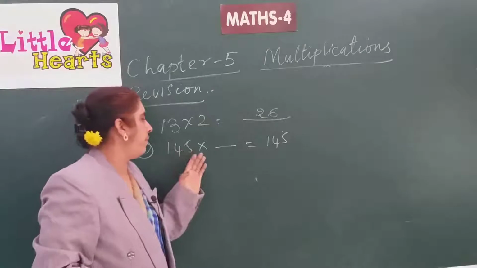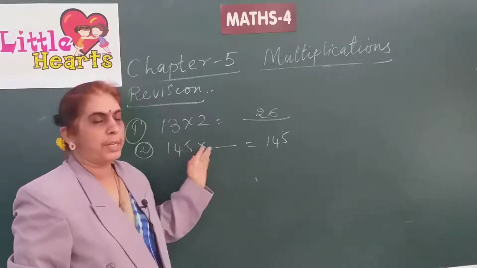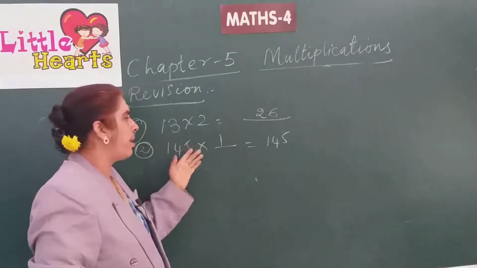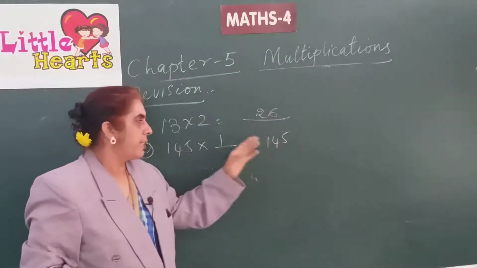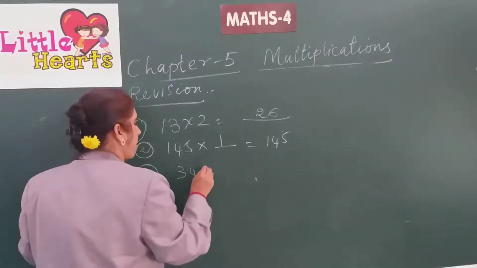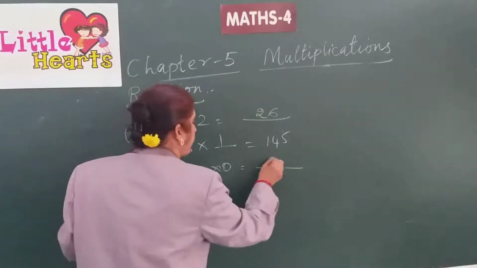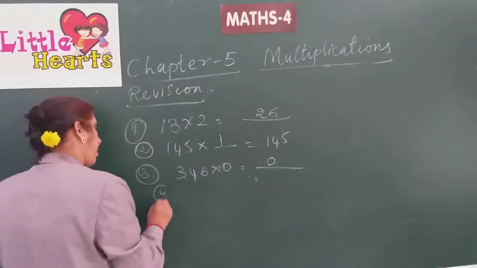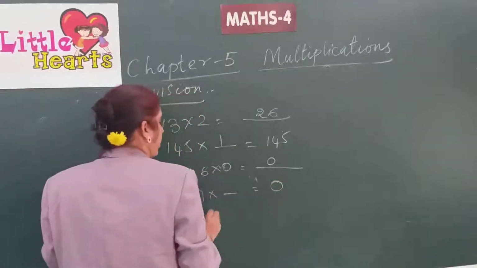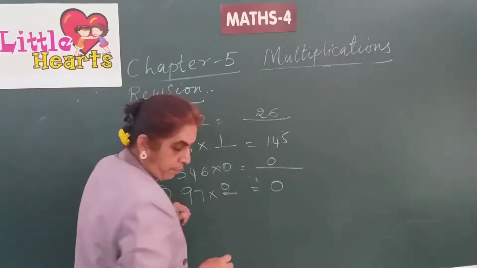So, when the result is the same number as the multiplicand, with what should you multiply? You have to multiply by 1. When you multiply any number by 1, the product will be the same number. Any number multiplied by 0 is equal to 0. 97 into what gives you the product 0? 0.